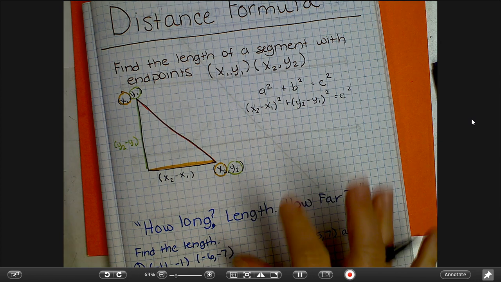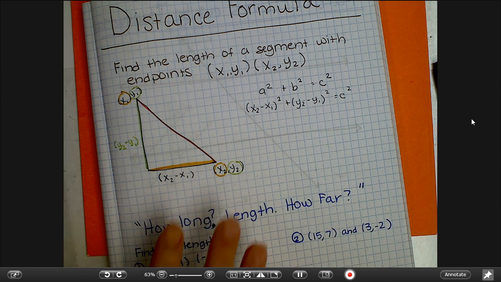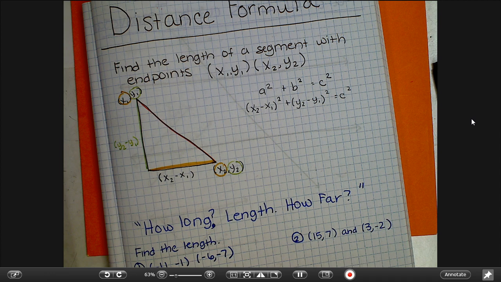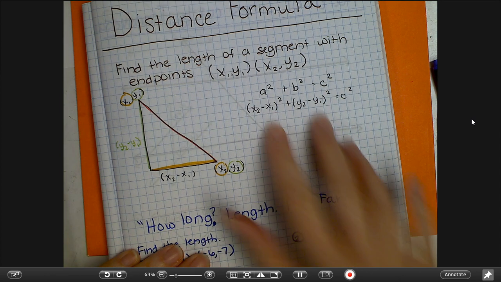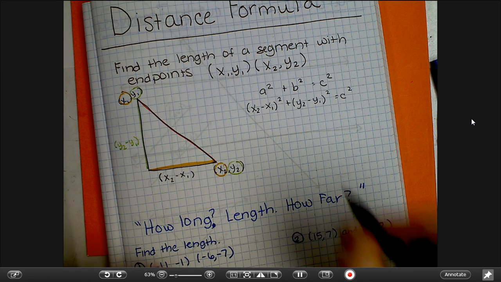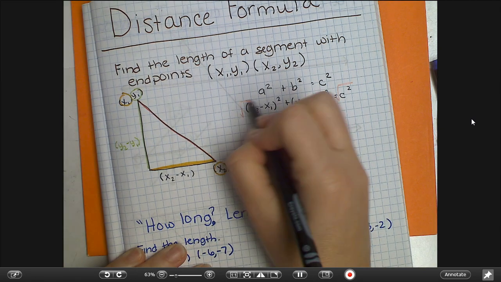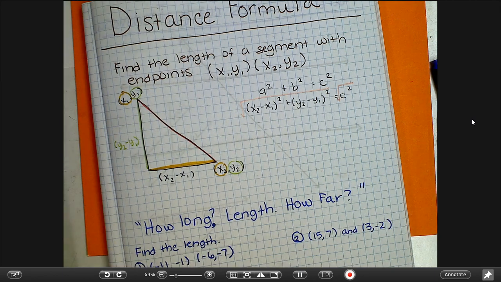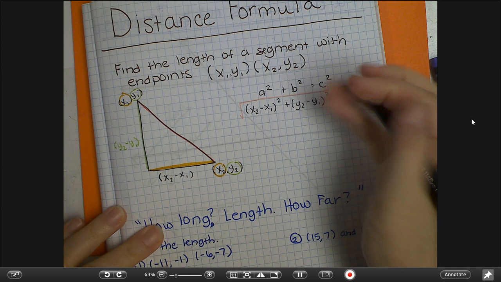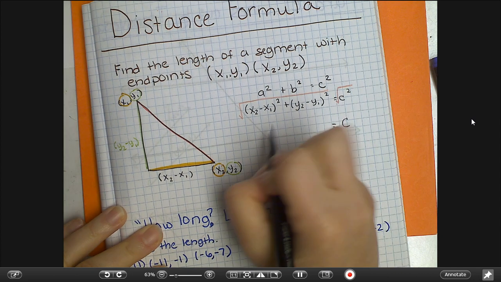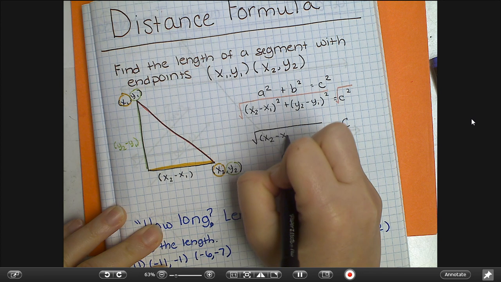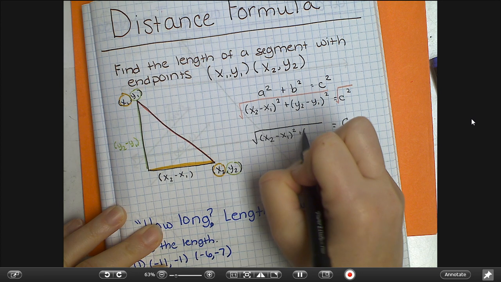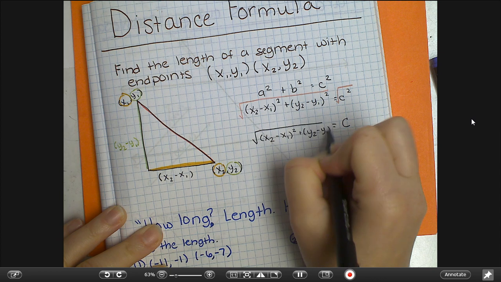This looks kind of weird, but it's the same exact process we did on the other problems. Since we can't simplify any of this, we take the square root of both sides. So c is the same as the square root of x2 minus x1 squared plus y2 minus y1 squared.